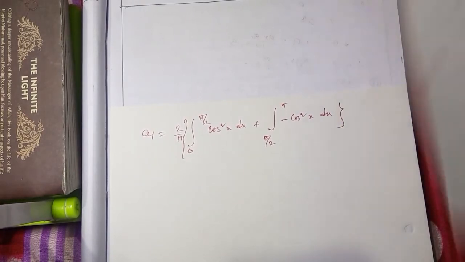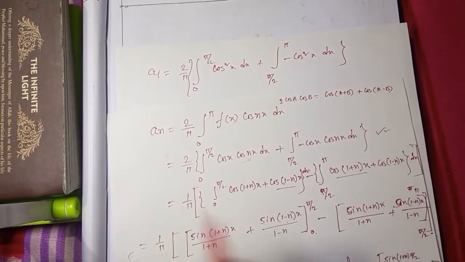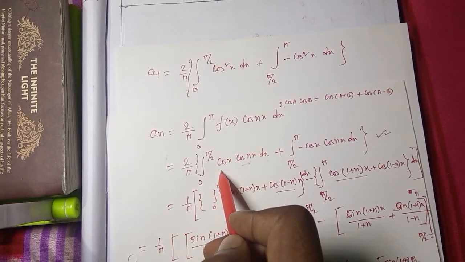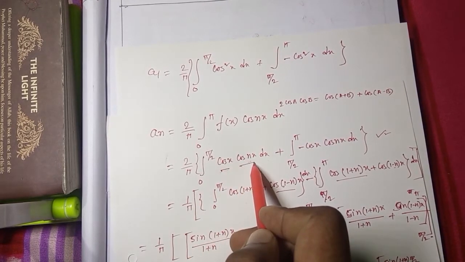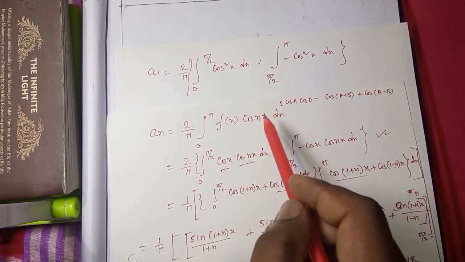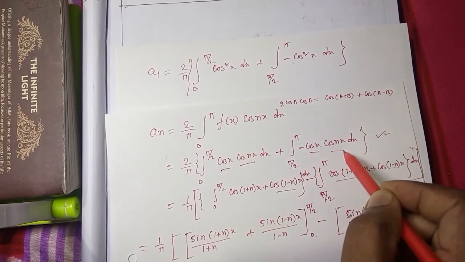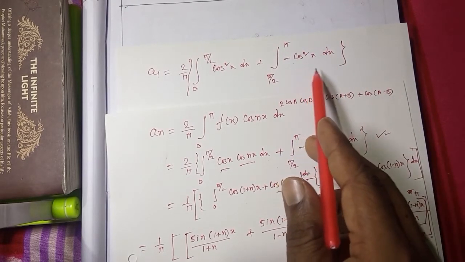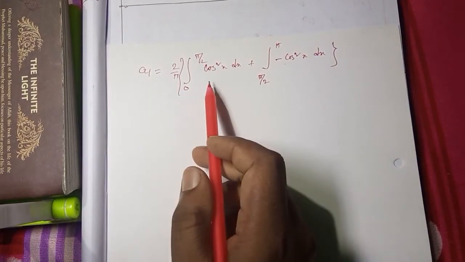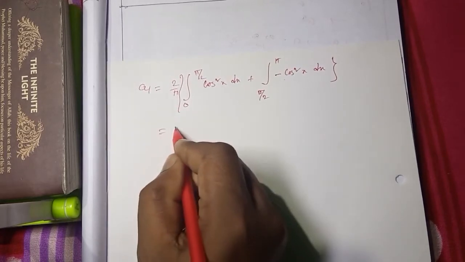How does this come? Now we put n equal to 1 here, then a1 is 2 by pi, 0 to pi, cos x into, for n equal to 1 this is cos x, therefore cos square x dx, plus minus cos x into cos x for n equal to 1, this gives cos square x, and we compute the value. We cannot directly integrate cos square x, so we use some result.